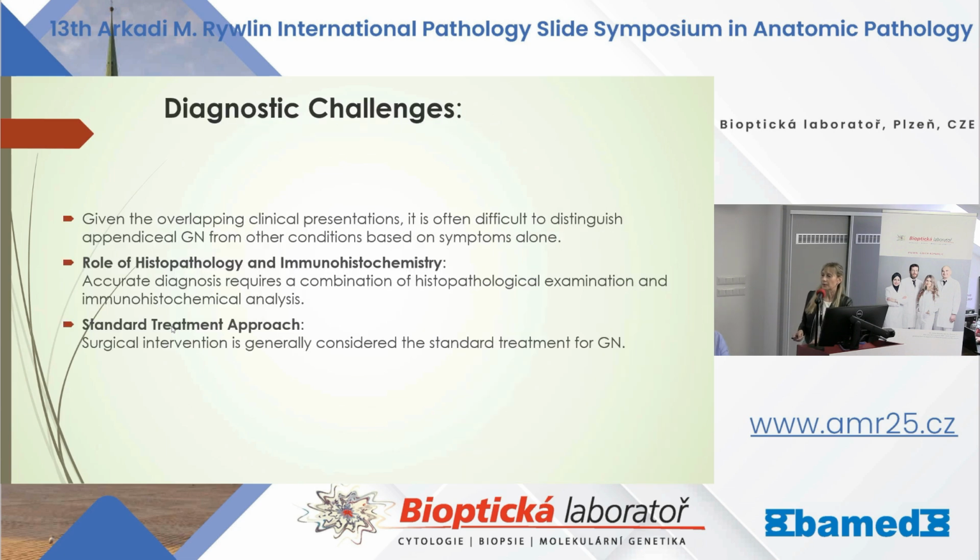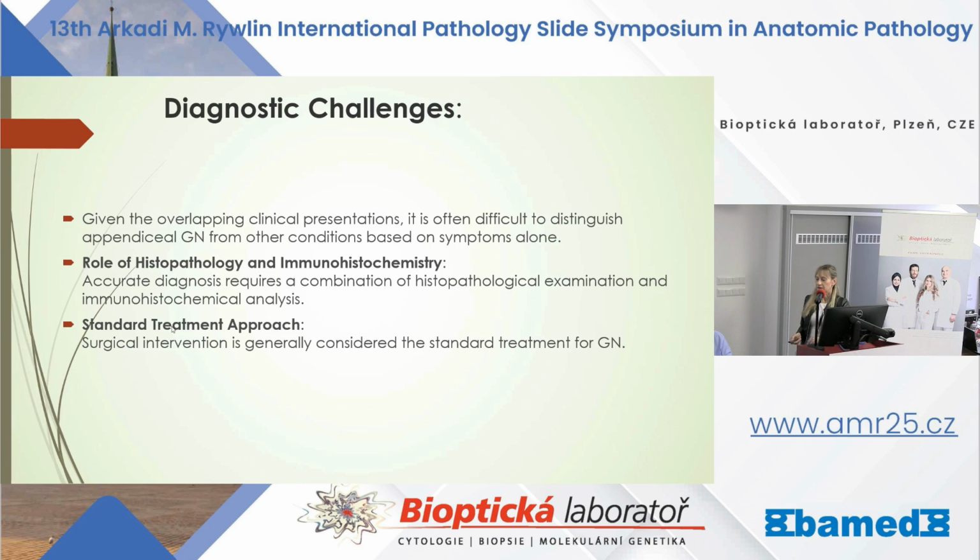So given the overlapping clinical presentation, it is often difficult to distinguish appendiceal ganglioneuromas from other conditions based on symptoms alone. Accurate diagnosis requires a combination of histopathological examination and immunohistochemical analysis.